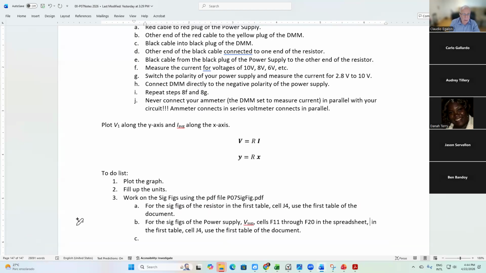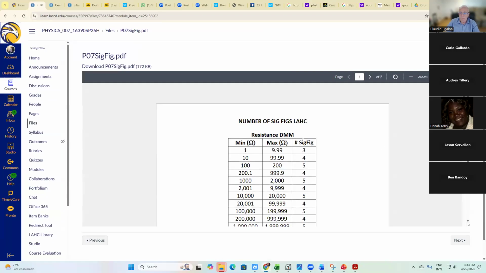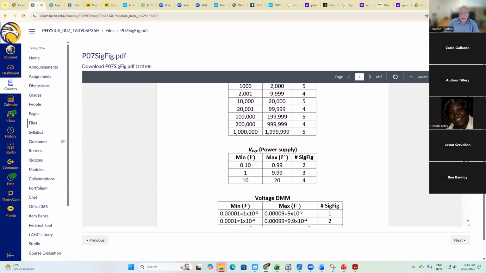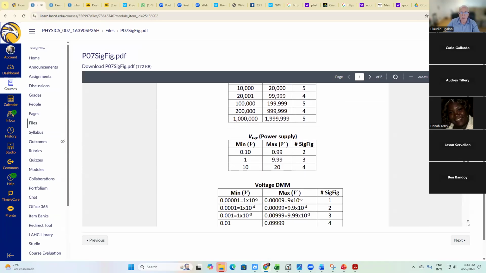Comma, use the second table in the document. Right? First table, second table, power supply.